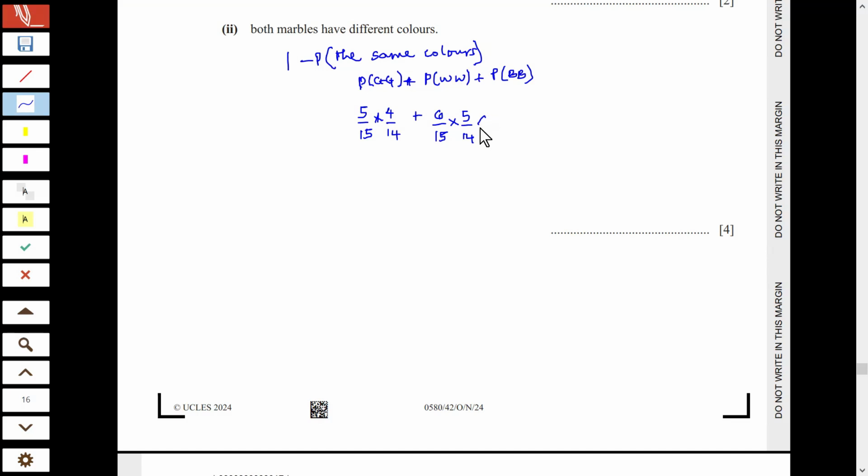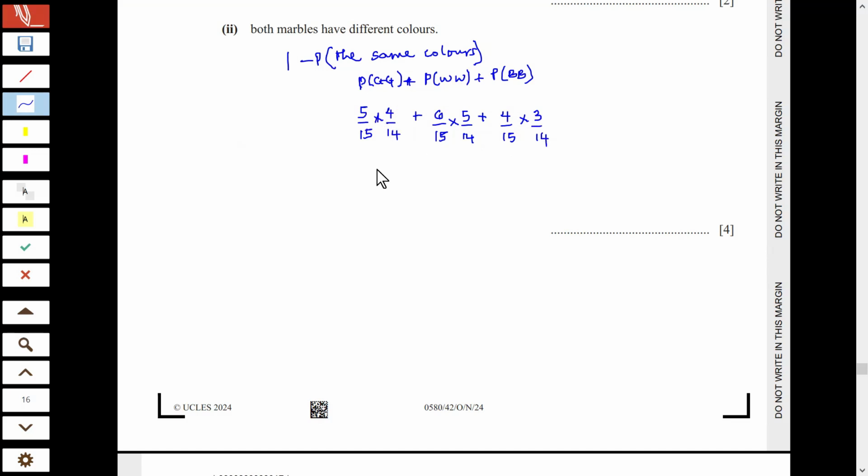Then let's add the probability that both are black: 4 out of 15 times 3 over 14.